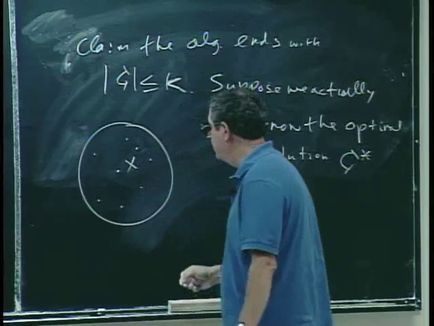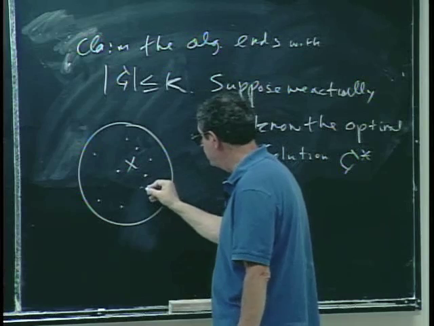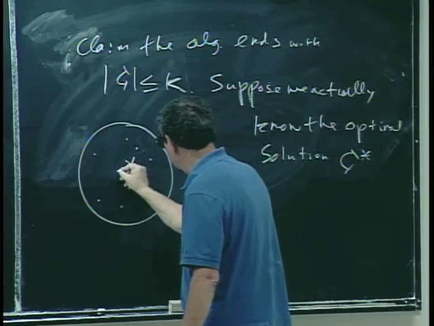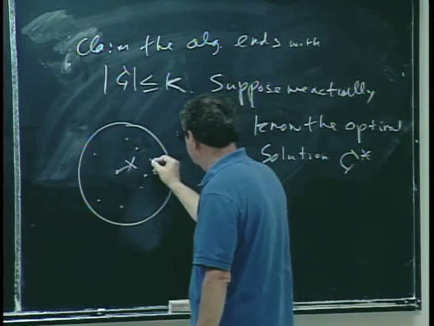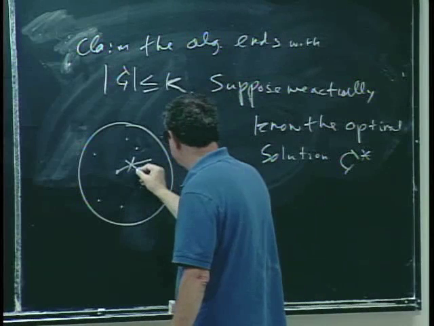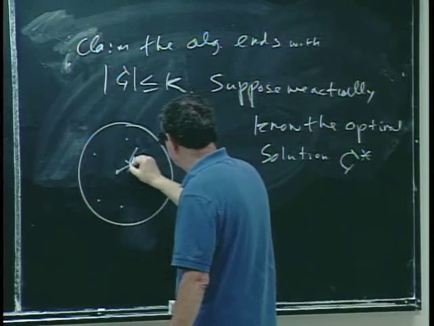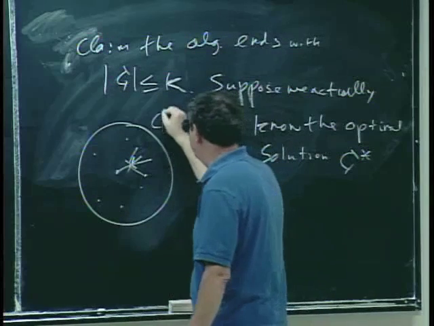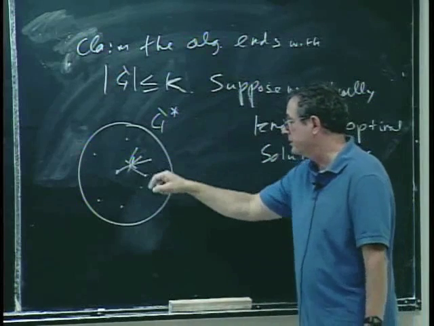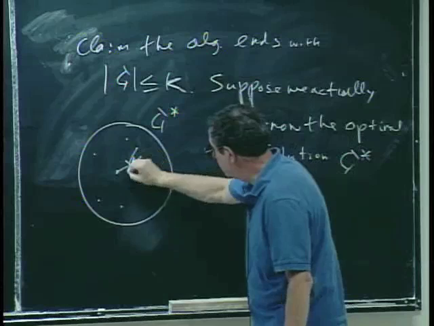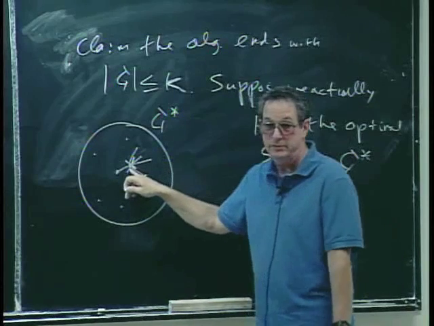So everybody is within a distance R to some center. So let's say here. That's within distance R. And so these are the sites that are within distance R of this center that's picked in the optimal solution. So there's a set of sites that are within distance R of that center.